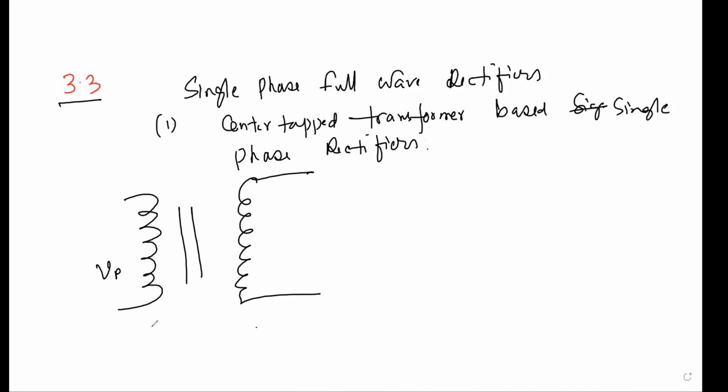Okay. So if we take the turn ratio 1:2, then N1 by N2, are you familiar with N1 and N2? Yes, sir. Turn ratio. Then Vs by Vp will be your N2 by N1.